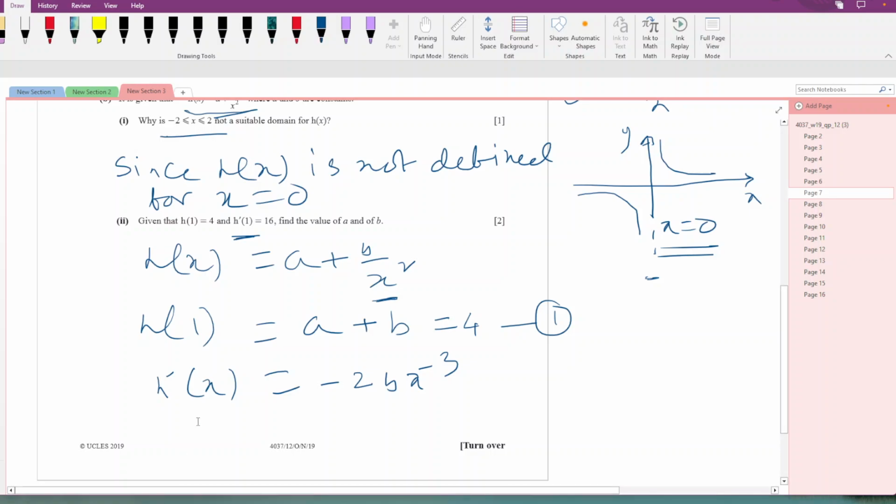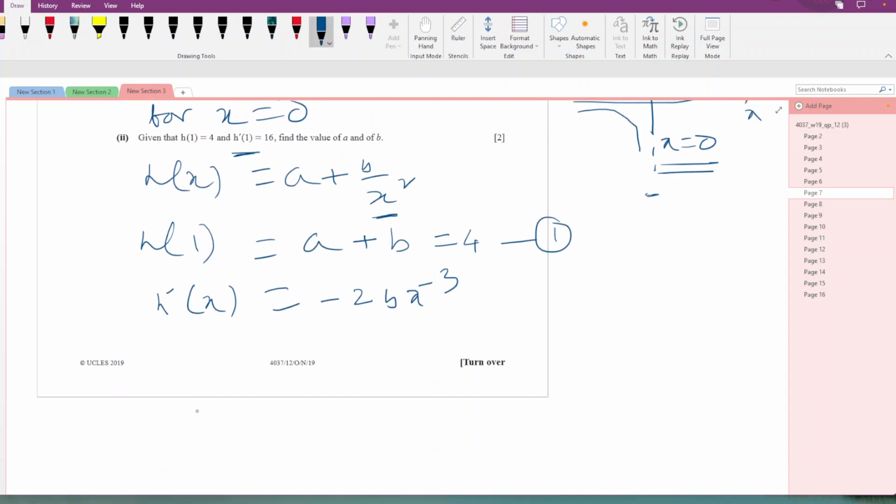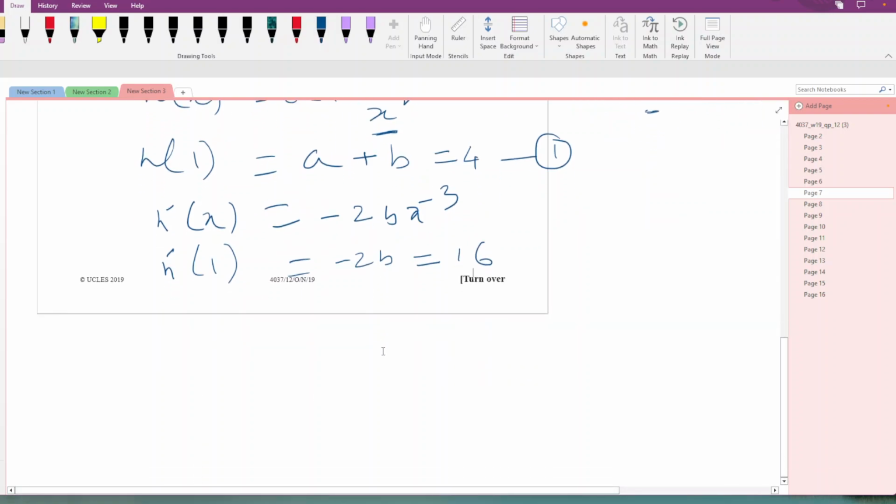And h prime 1 equals to minus 2b by 1 to the power 3, which means 1, and equals to 16 as given. Therefore b equals to minus 8.